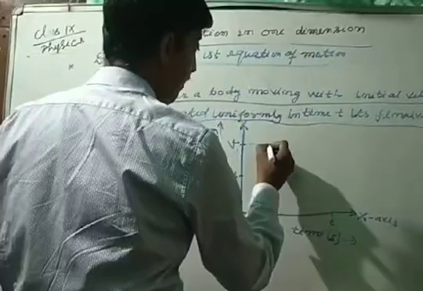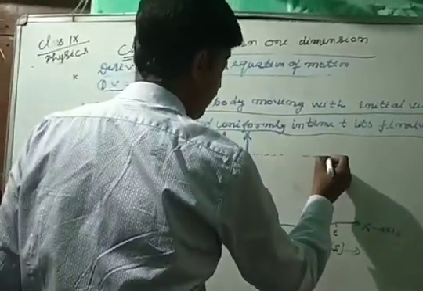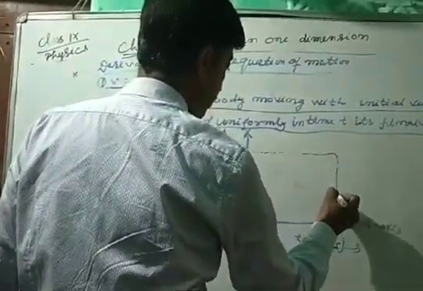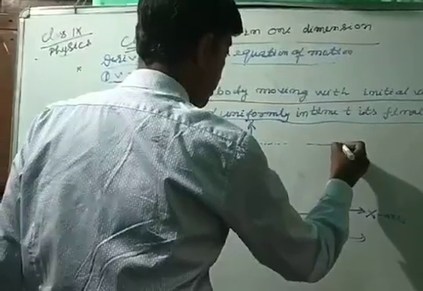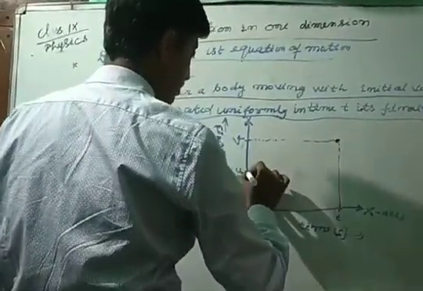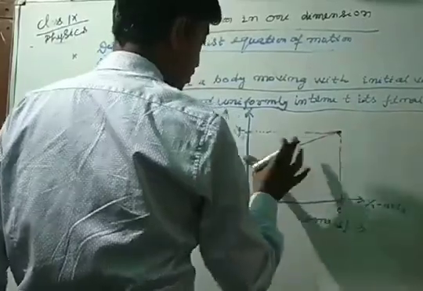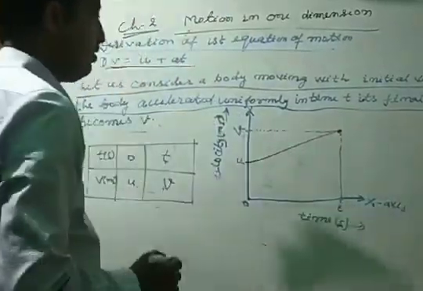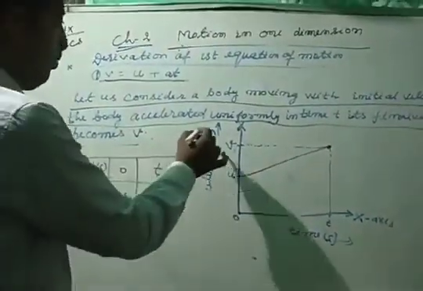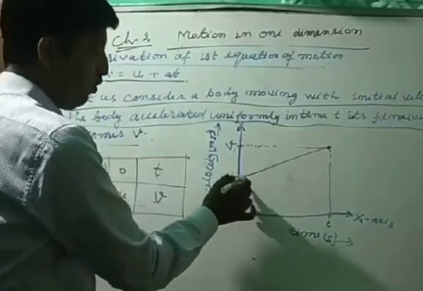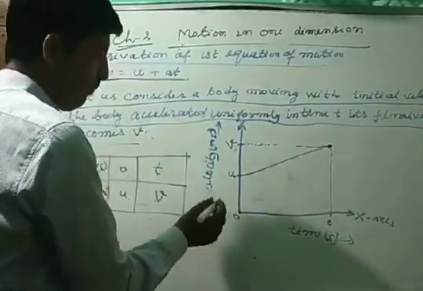Graphically it is represented like this. This gives a straight line because the body is moving with uniform acceleration.